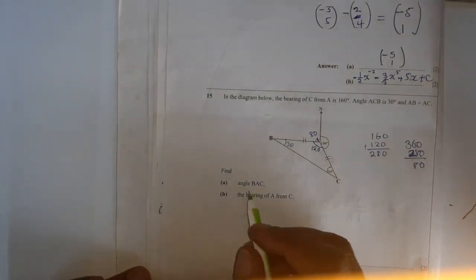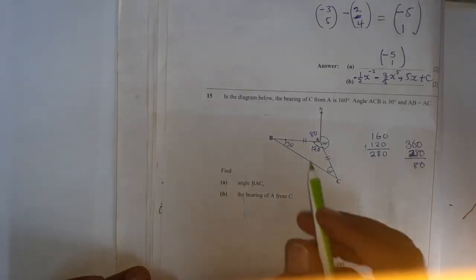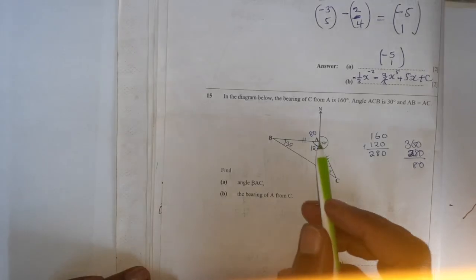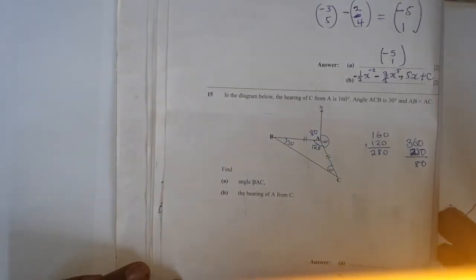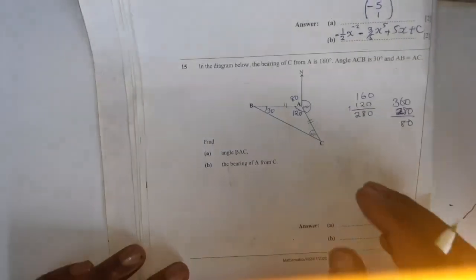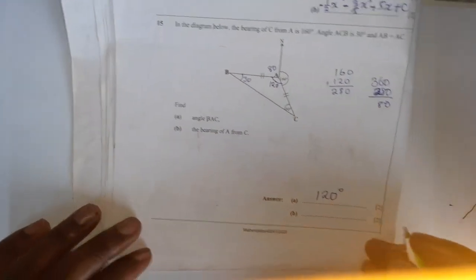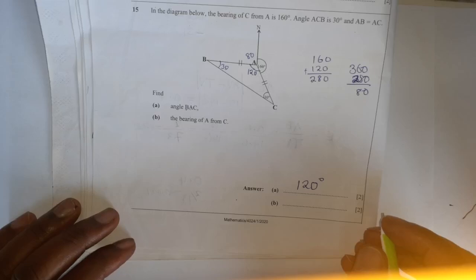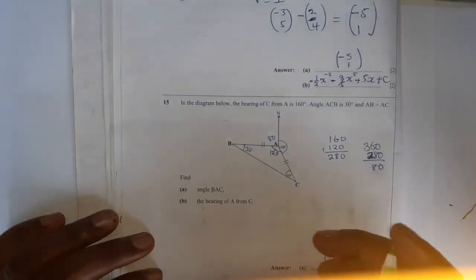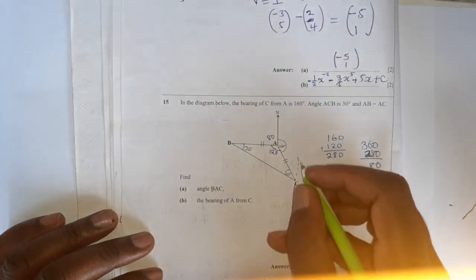So the first one is angle BAC. Angle BAC, it's clearly seen there that it is 120 degrees. That is the angle there. Then the bearing of A from C. You need to put a note here.